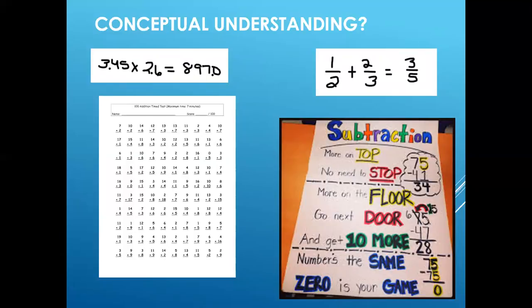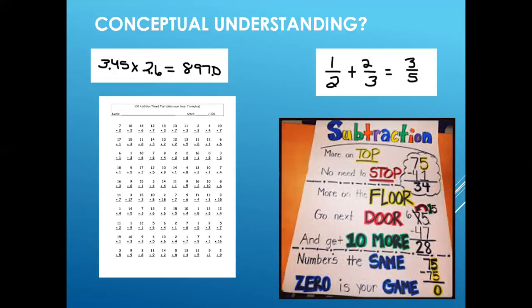That's what we're really trying to get at: do they understand the quantity, the different parts within that number, and how that number can be worked through, especially when you're multiplying or dividing, or, in my case, adding and subtracting, and what happens with your extra ones and your tens and everything like that.